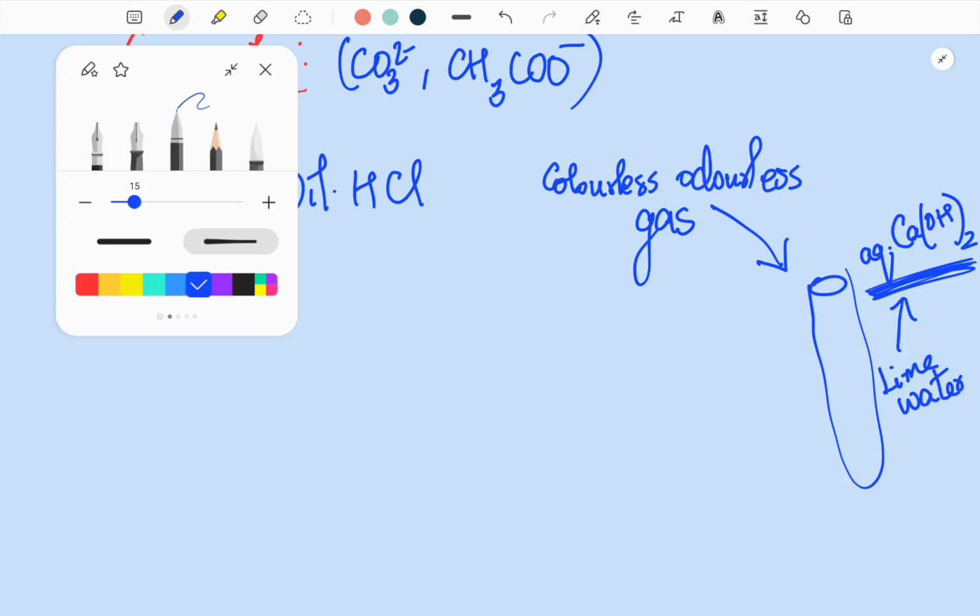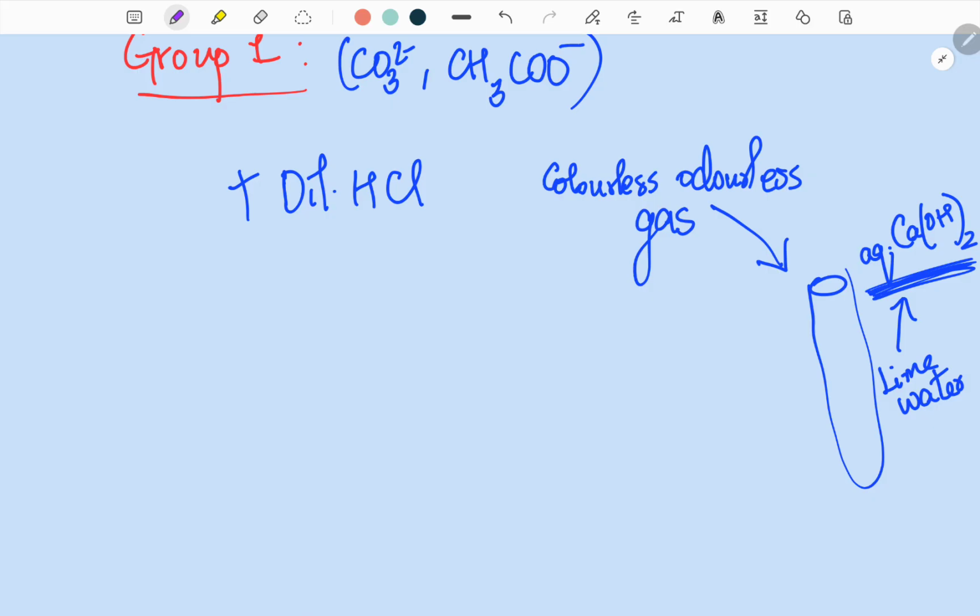So if you are seeing brisk effervescence and the gas is a colorless and odorless gas, then you can say that the ion present in the salt is carbonate ion. And if you are having lime water in your lab, then you can do the lime water test.